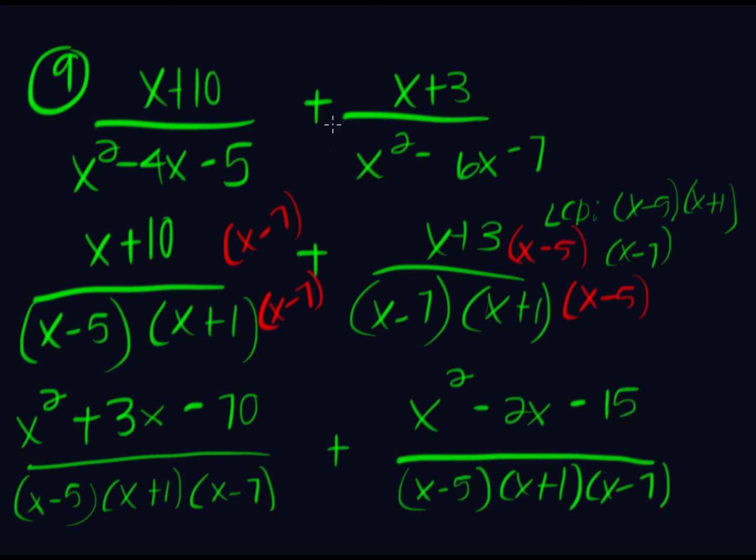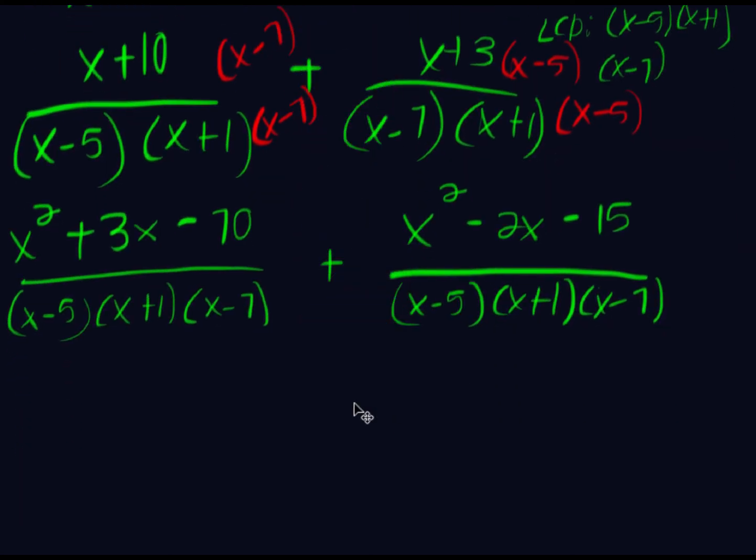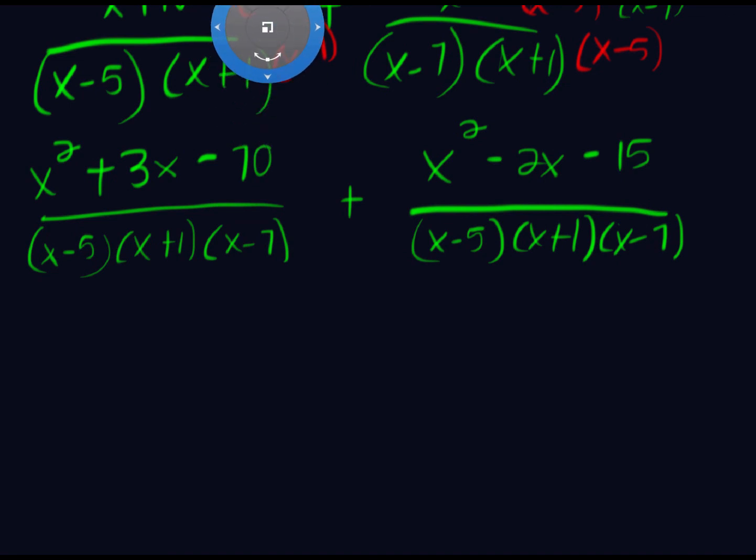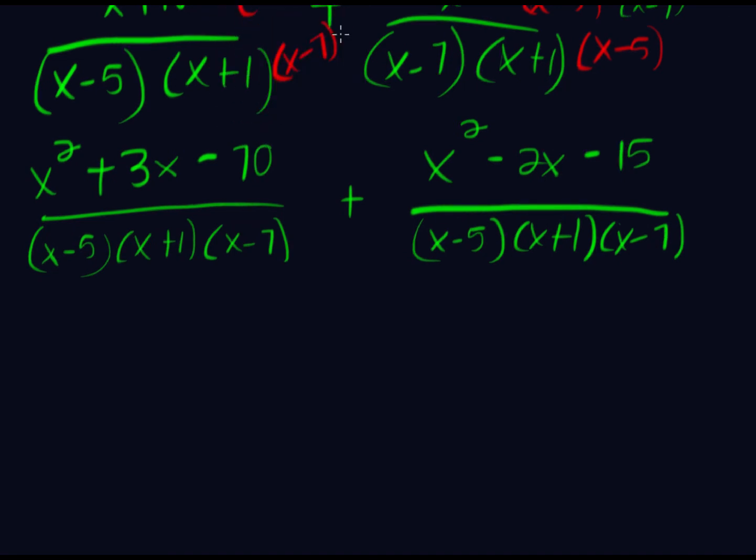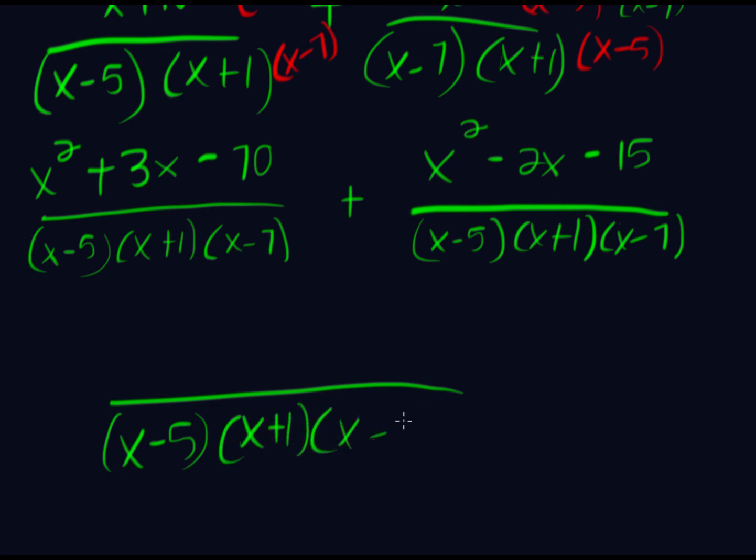Since those numerators are FOILed out, I can write these two different expressions as one expression because they have the same denominator. So the denominator would be x minus 5 times x plus 1 times x minus 7. And the numerator would be x squared plus 3x minus 70 plus x squared minus 2x minus 15.